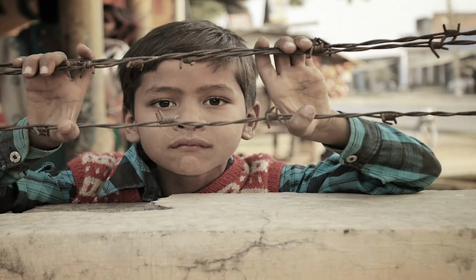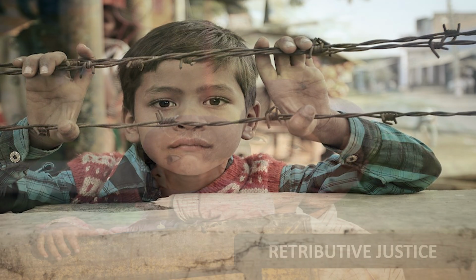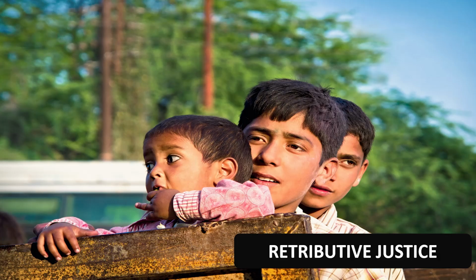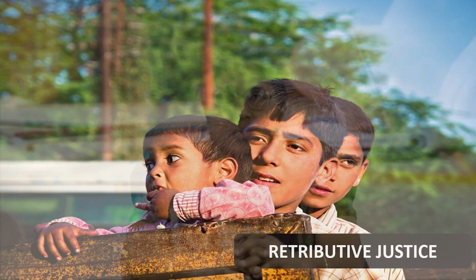Children see the function of punishment as making the guilty suffer. Piaget called this retributive justice or expiatory punishment. Why is it known as expiatory punishment? Because punishment is seen as an act of retribution or revenge. The children who did the wrong thing will get punishment according to their bad behavior.